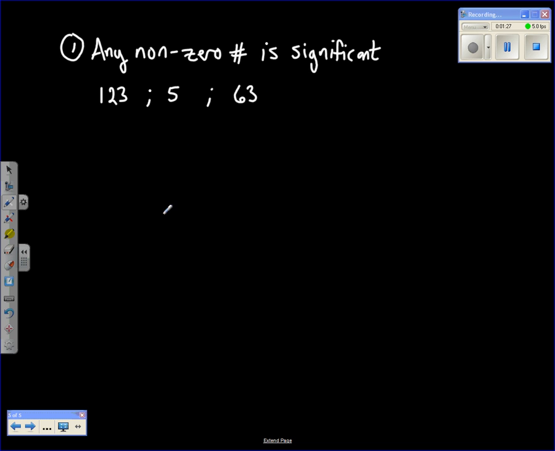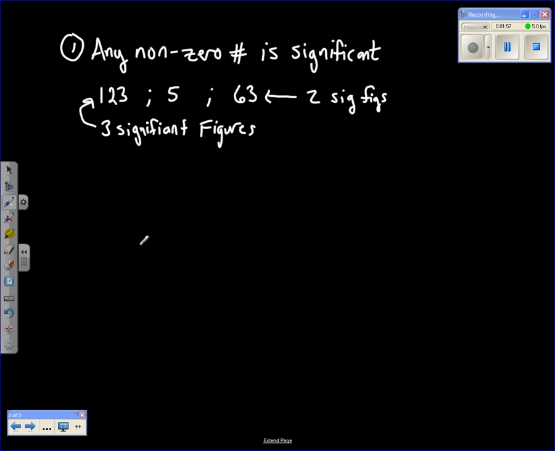Okay, all of these are non-zero numbers, so they're all significant. This particular example here, 123, would have 3 significant figures, whereas this 5 would have 1 significant figure, and the 63 would have 2 significant figures. And we'll call them sig figs.